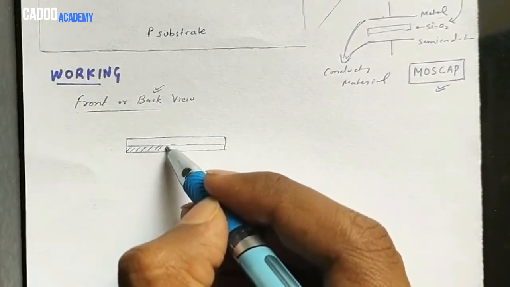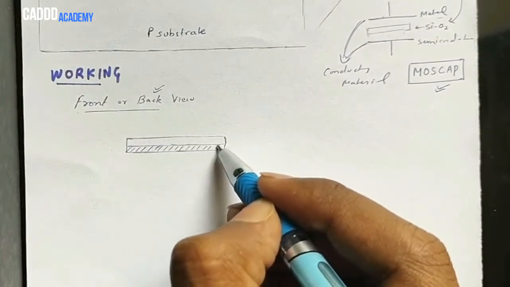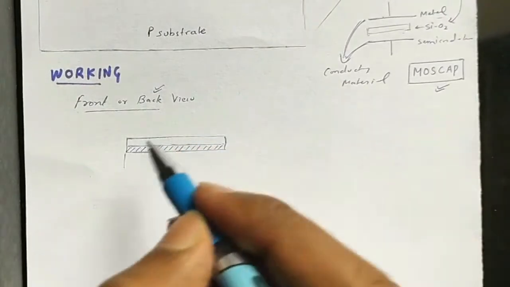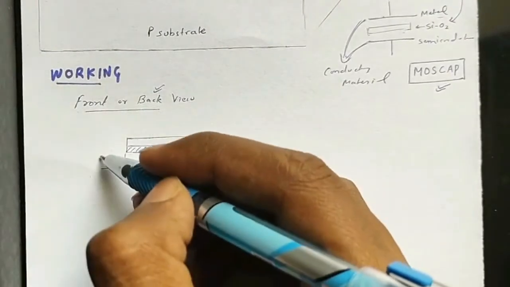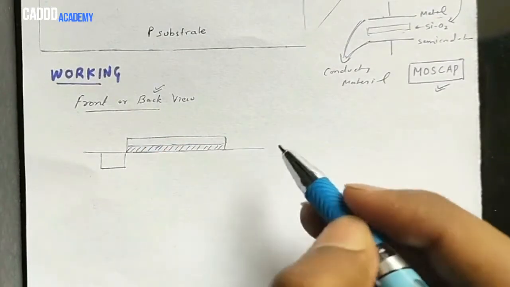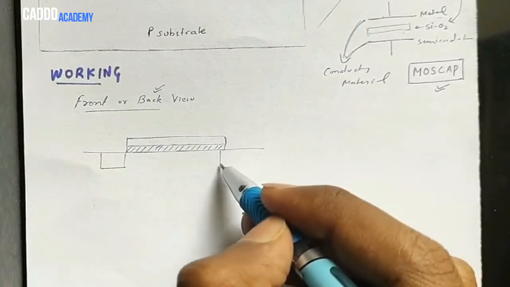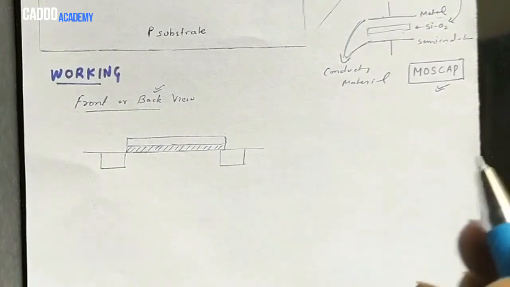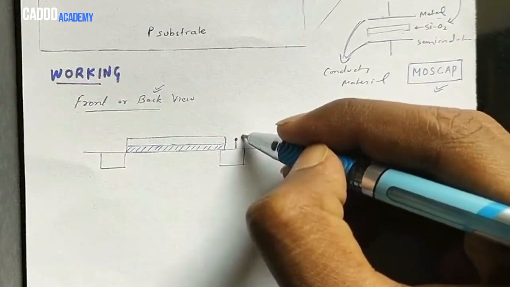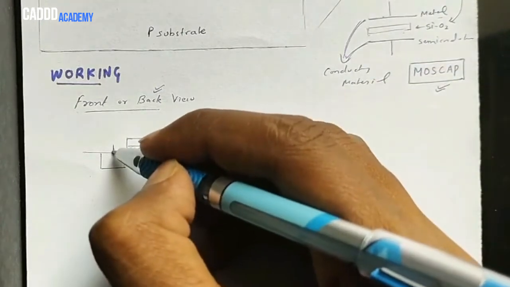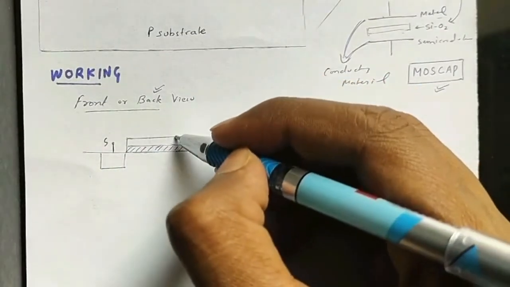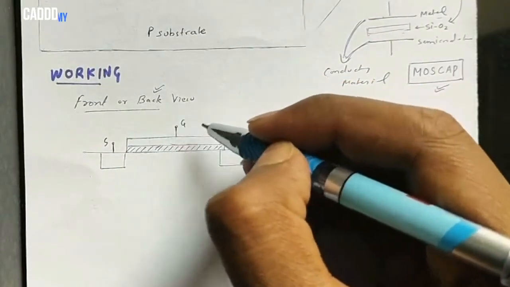And then the semiconductor part. So below the silicon oxide layer we have all the things that are what? Semiconductor. So this terminal is drain and this terminal is what? Source terminal. This one is gate. We have seen this before.